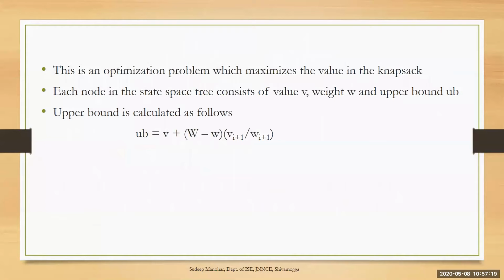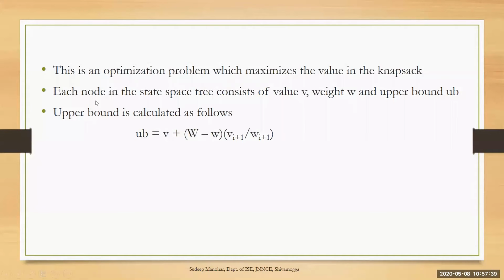That's why it comes under a maximization problem. Whereas the assignment problem, the previous problem, was an example of minimization because we had to reduce the cost. Therefore, it is a minimization problem. Here we have to maximize the value of the knapsack, and hence it is a maximization problem.